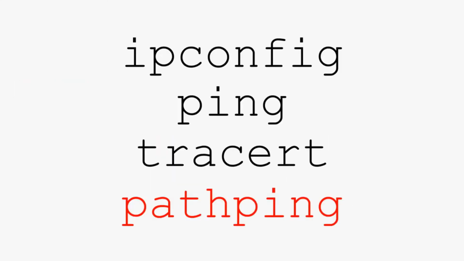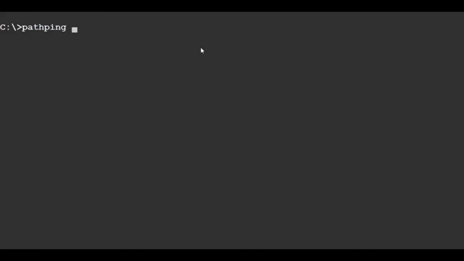Lastly, we touch on the pathping command. This is very similar to tracert, except for the fact that it collects more data from each node over a period of 25 seconds. In a way, it gives a clearer picture of the network performance from each and every node along the network path. Let's do a pathping to dns.google.